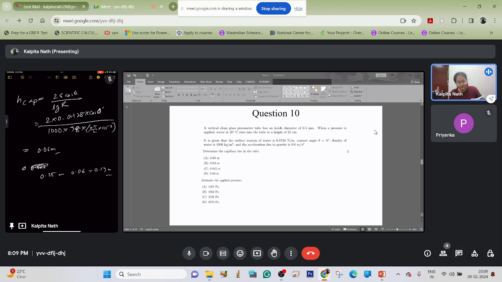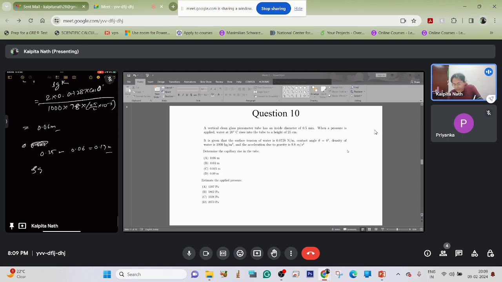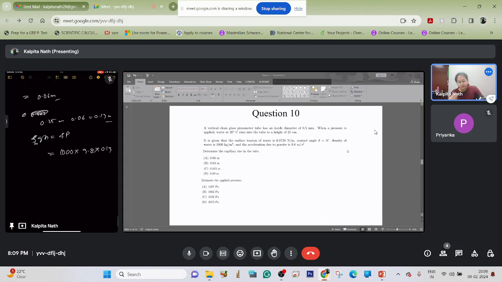We'll convert it to pressure. So rho gh is equal to the pressure difference for water. So delta P is equal to rho gh, density 1000 into 9.8 into 0.19. That is the excess pressure. This comes out to be 1862 Pascal.